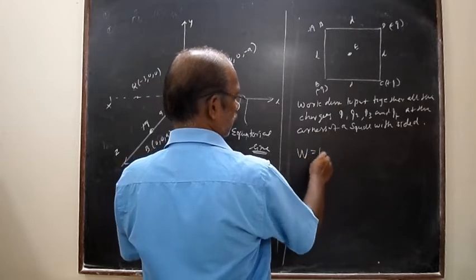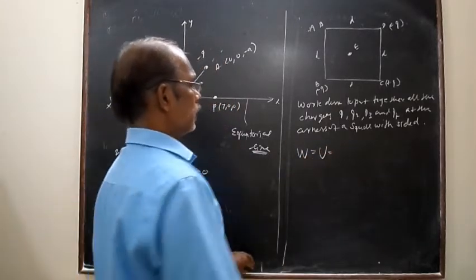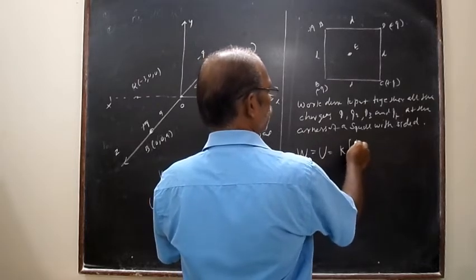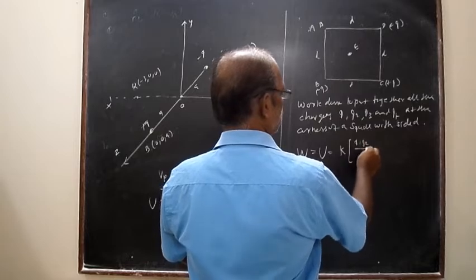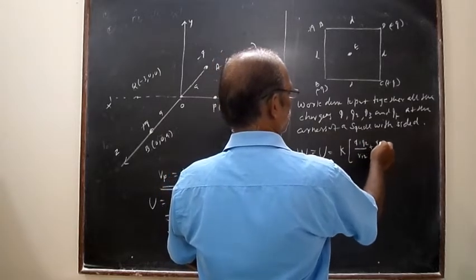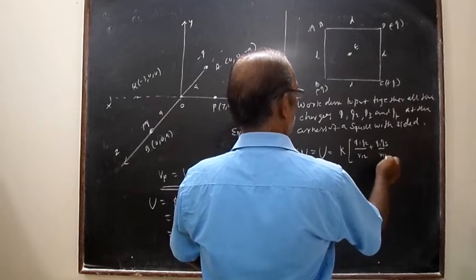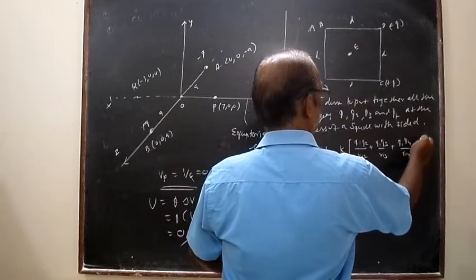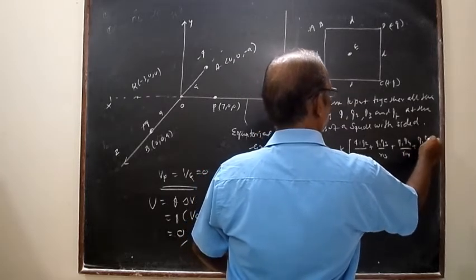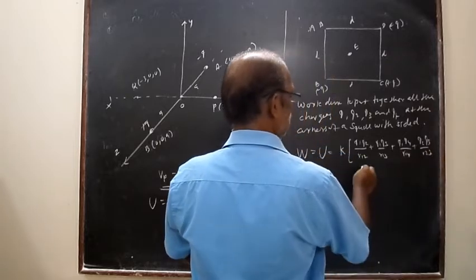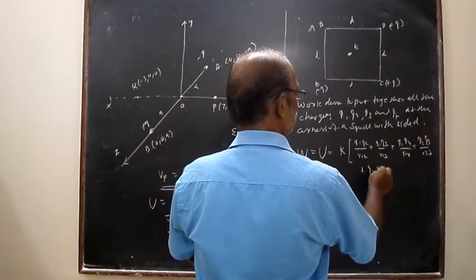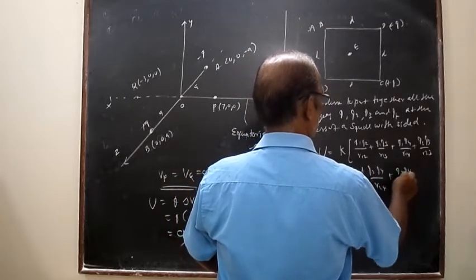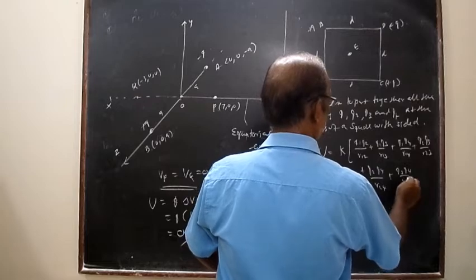Total work done is nothing but the total potential energy. The formula is K into Q1 Q2 by R12 plus Q1 Q3 by R13 plus Q1 Q4 by R14 plus Q2 Q3 by R23 plus Q2 Q4 by R24 plus Q3 Q4 by R34.